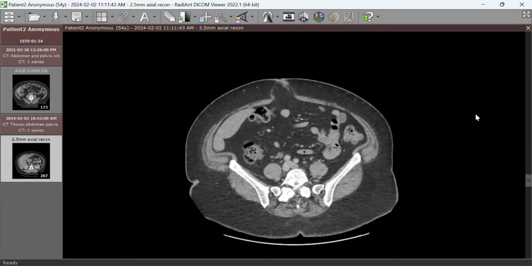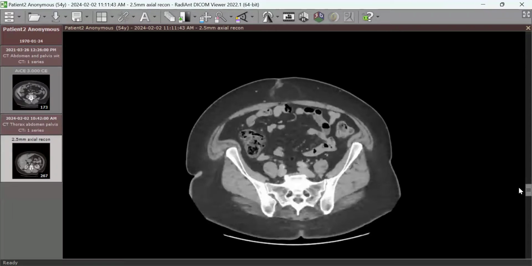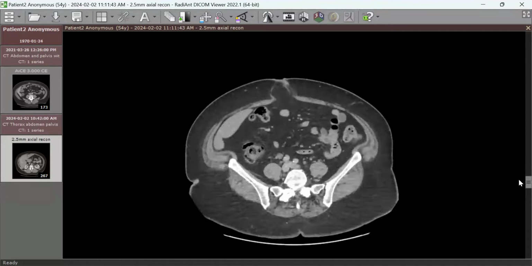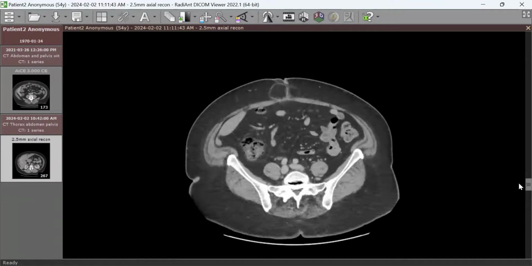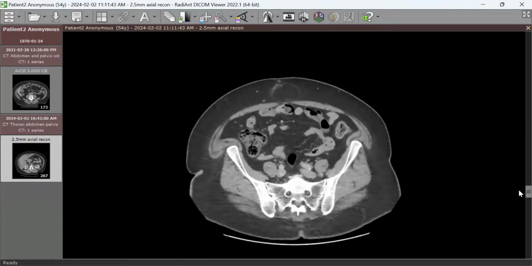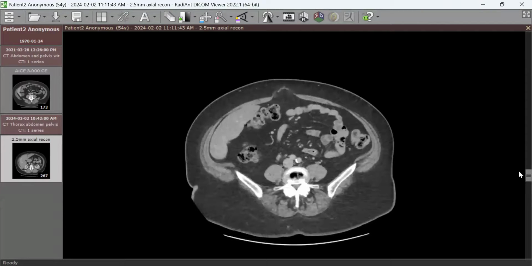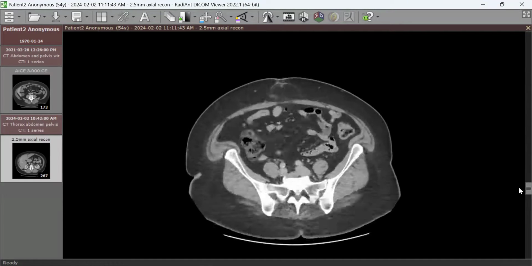Just the umbilicus here. Regarding the umbilicus, we can see an anterior abdominal wall defect with a sac containing omentum.